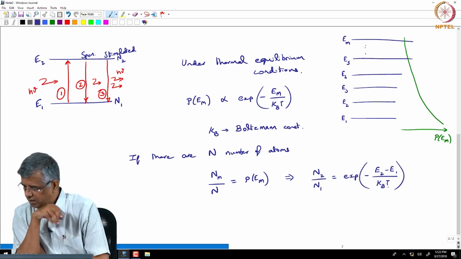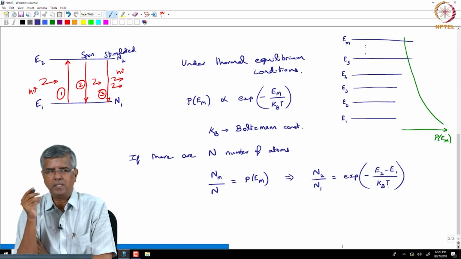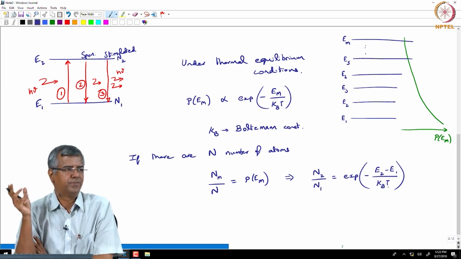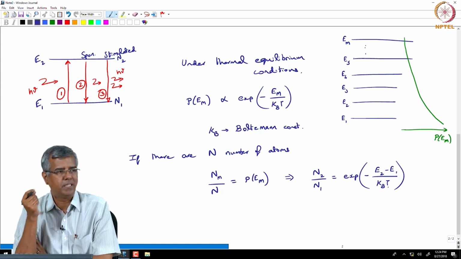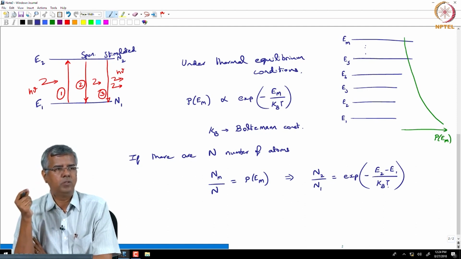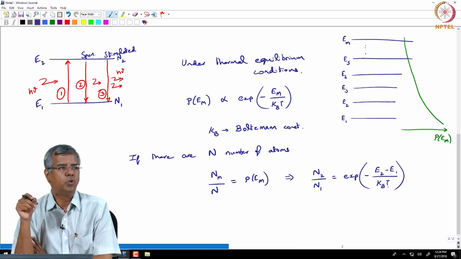And let us look at that for a second. What it says is that if E2 minus E1, let us say it is 100 milli electron volt, right, if that is the energy difference, and if I am at room temperature, where kBT would correspond to about 25.6 milli electron volt, okay, then N2 will be far less than N1.